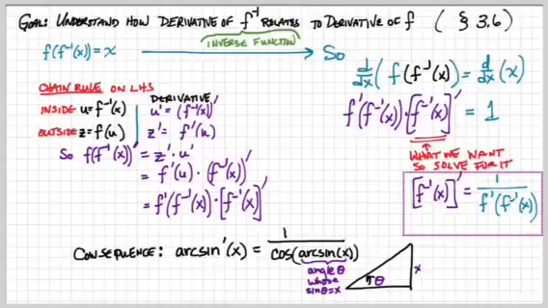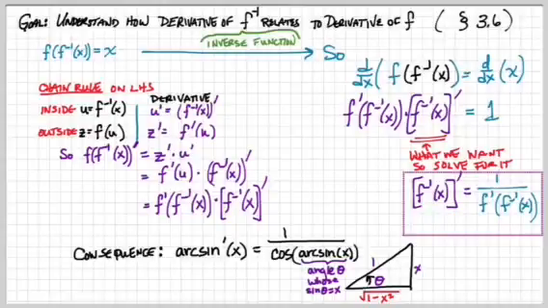Well, that means our opposite edge has to have a length of x, and our hypotenuse can have a length of 1. Then the sine, which is opposite over hypotenuse, is x over 1, or x. It's a perfectly lovely right triangle. You can use the Pythagorean Theorem to find the adjacent side. That's going to be the square root of 1 minus x squared.